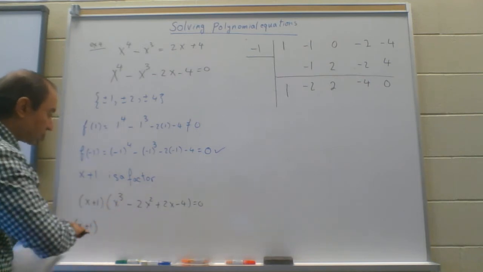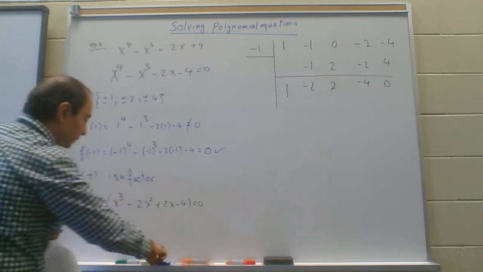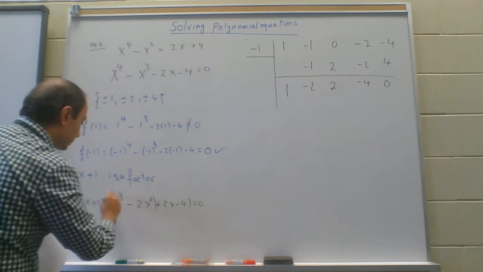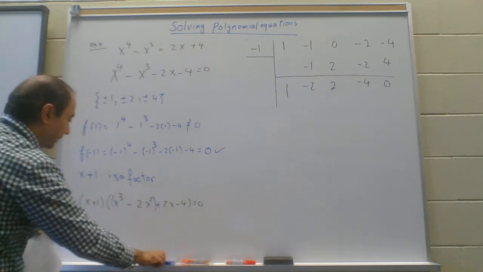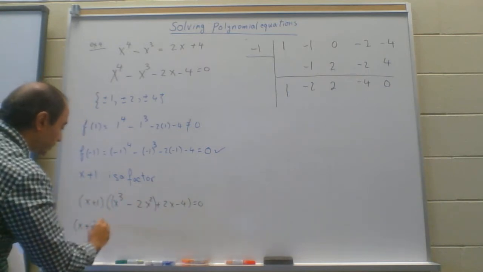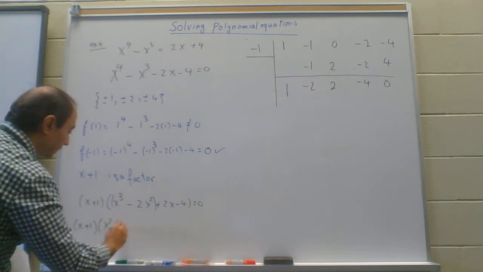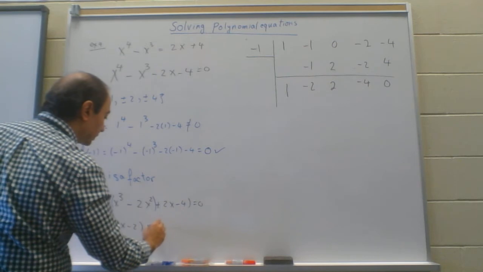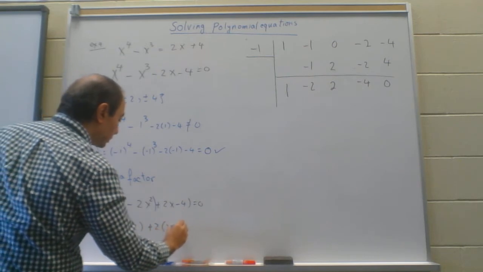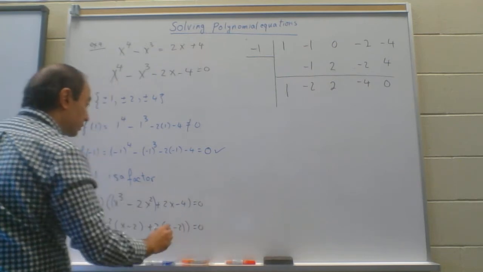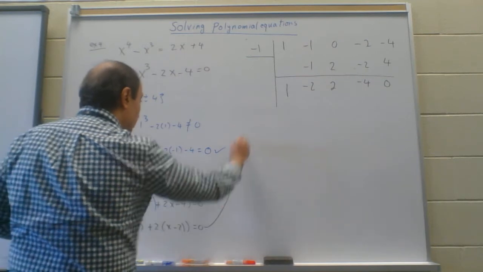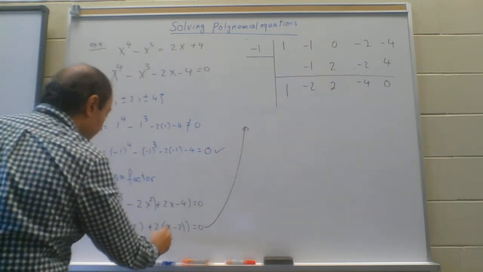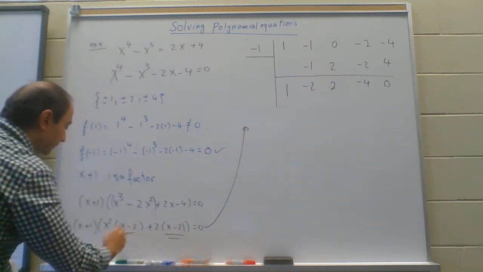Now here I will group these two together. And that will be x squared out, and that will leave x minus 2. And here I will factor the 2 out, and that will leave x minus 2, and that's equal to 0. Then I will go here. As you see, x minus 2 is common.